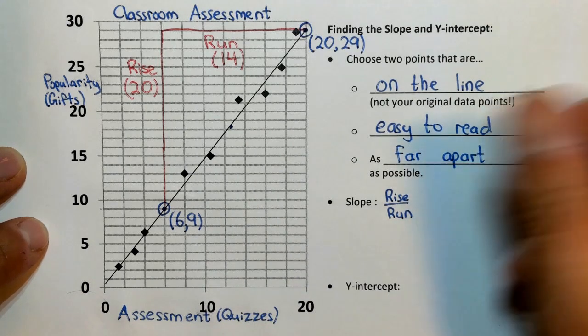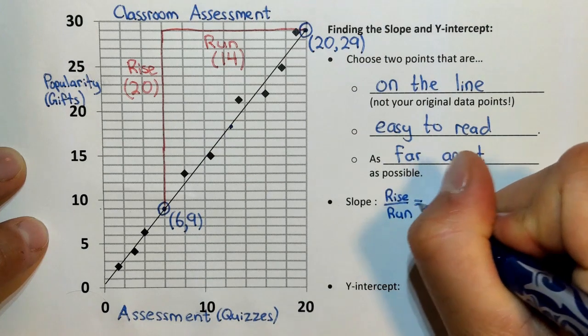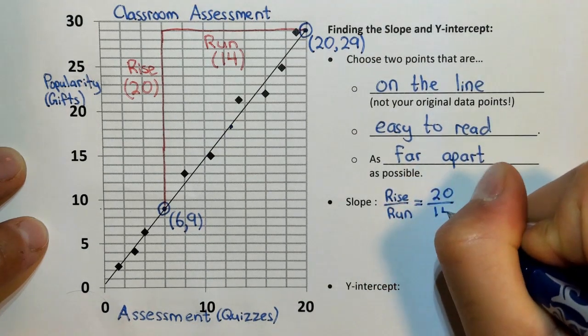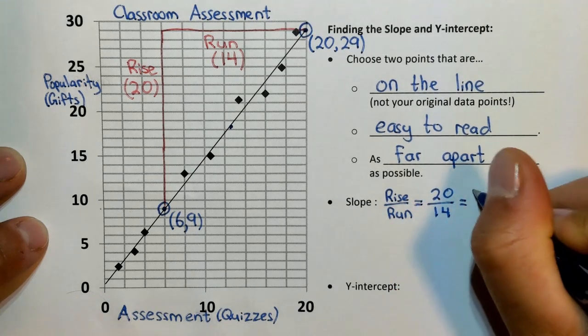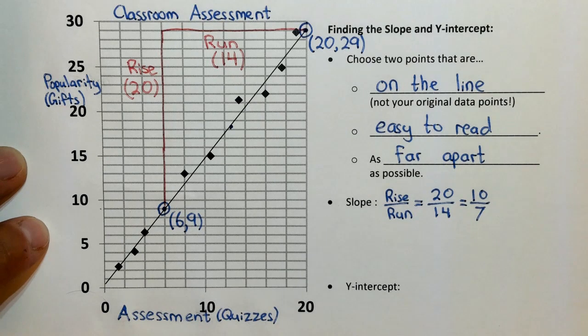So if my rise is 20 and my run is 14, then I can calculate slope by going 20 divided by 14. And I can reduce that to 10 over 7. And in math class, I would probably leave it there. But in physics class, I tend to like decimals. It's just easier. When I look at the number 10 over 7, I'm like, okay, what's that number?